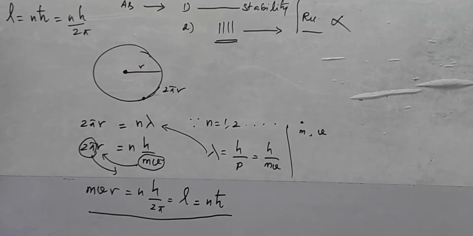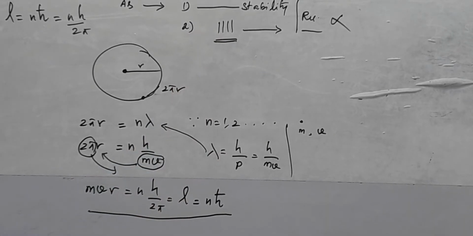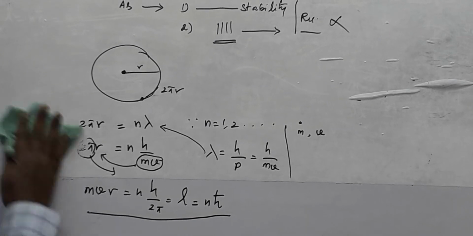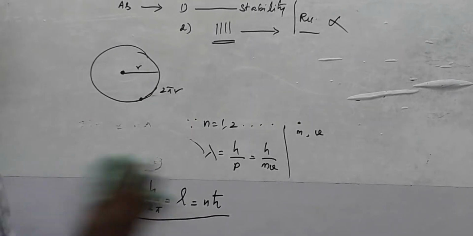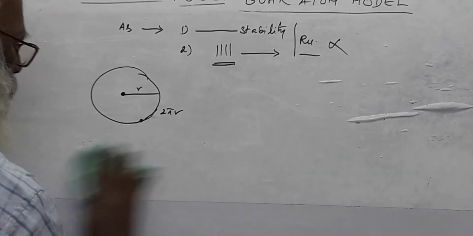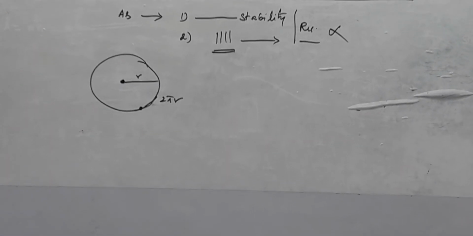Sir, how can we explain the line spectra by using these equations? Right. Now we are going to see the basic reason why we are getting line spectra. That we have to derive, the explanation for this line spectra.